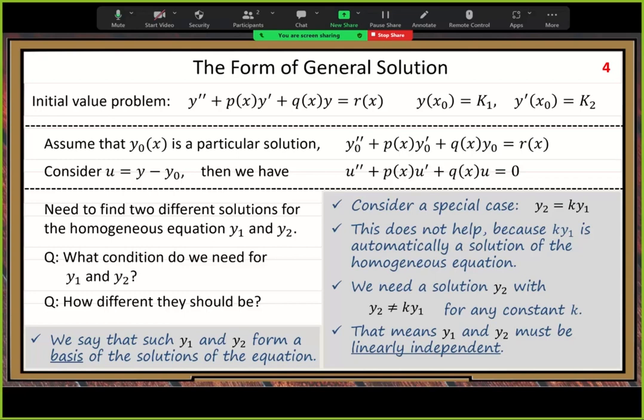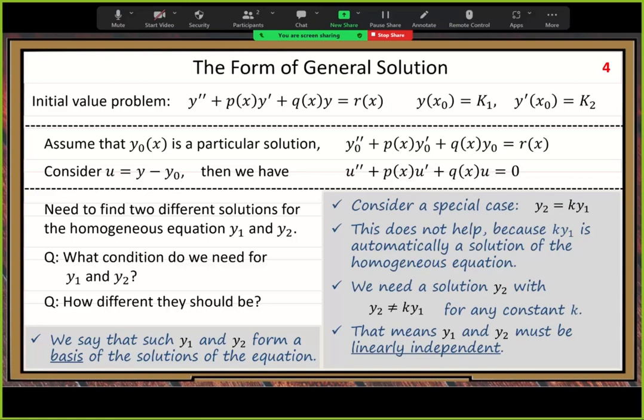If that k is a function of x, then it's okay, right? K of x times, because derivative would be different, integral would be different, right? So if k is not a constant, then y2 is okay. Because totally different properties, right? So, all right, keep this in your mind.